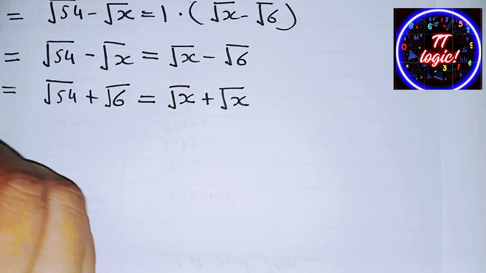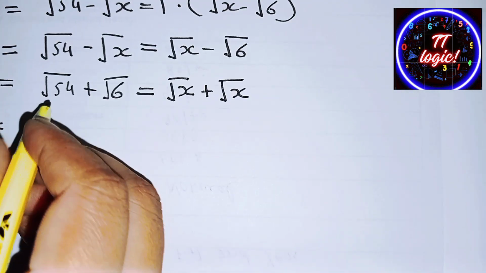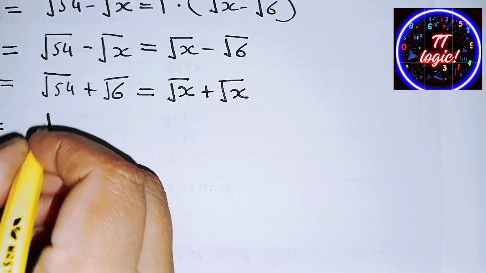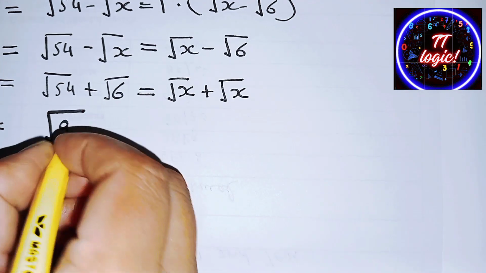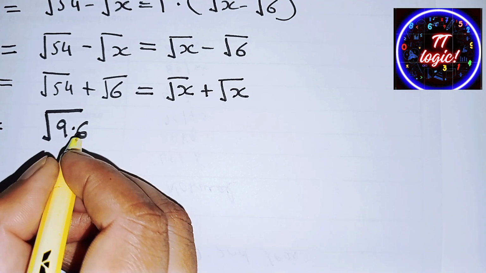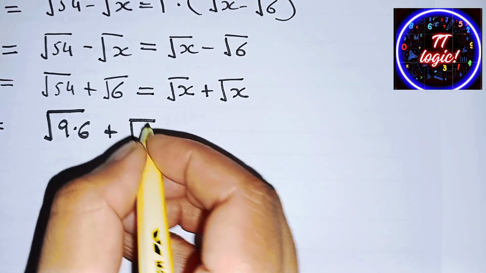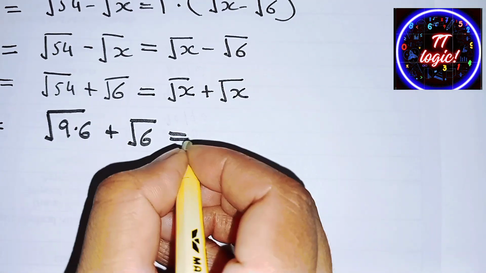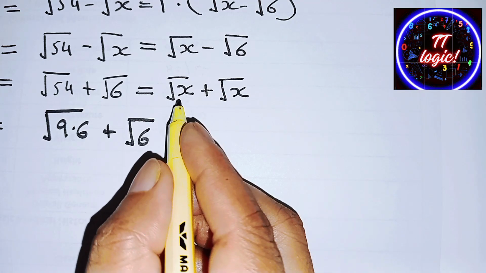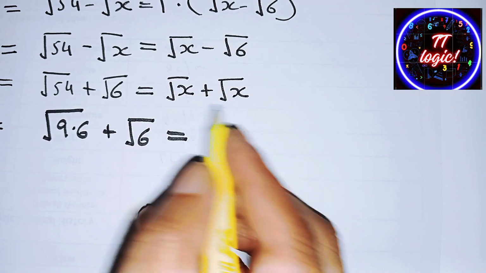Here √54 can be written as √(9 times 6), because 9 multiplied by 6 is equal to 54, then plus √6 is equal to √x plus √x, which is 2√x.